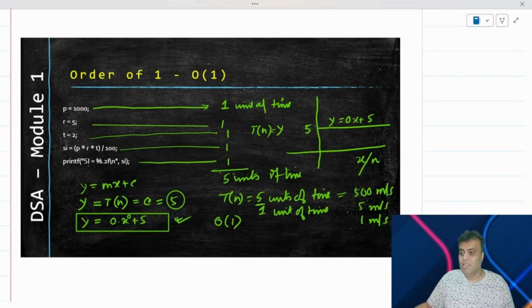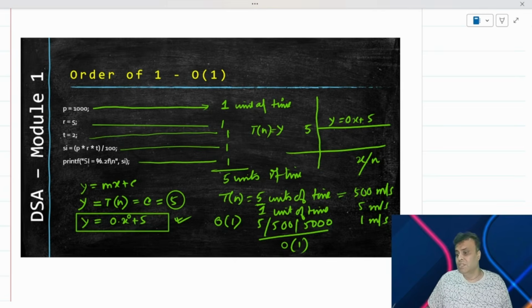Whether it is 5, 500, or 5000, it will become translated to an order of 1. Why? Because it does not change with the inputs and it is a constant amount of time for a particular machine. 1 represents the constant amount of time. You multiply 1 with the actual number of milliseconds taken, you will get a constant amount of time again. So we represent it generically as order of 1. That is how this becomes an order of 1.